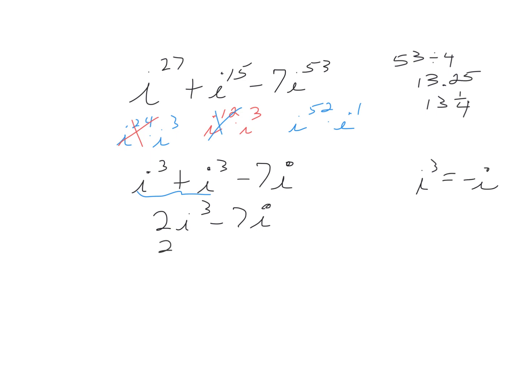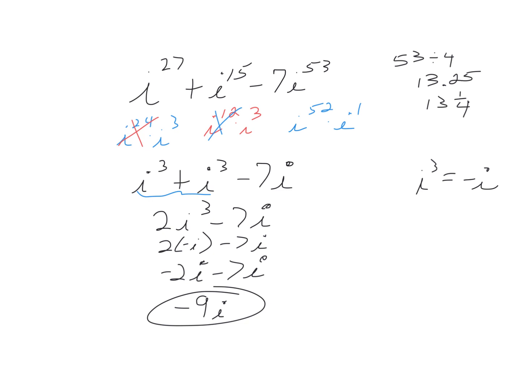So in a sense, this says 2 times negative i minus 7i. Well, 2 times negative i is negative 2i. So we would call that negative 2i minus 7i. Now they're like terms with the i's, and negative 2 minus 7 equals negative 9i. And that would be your final answer, negative 9i.